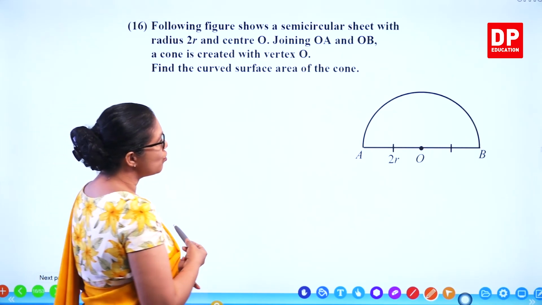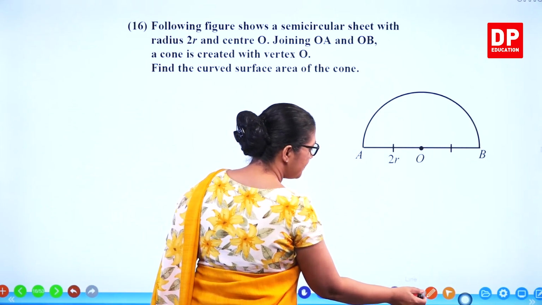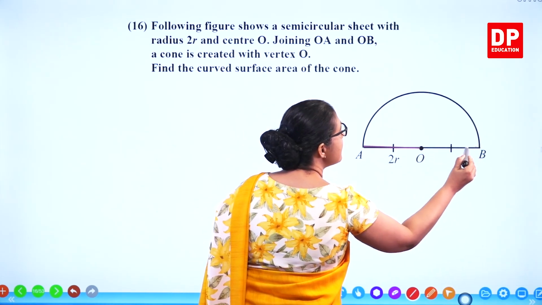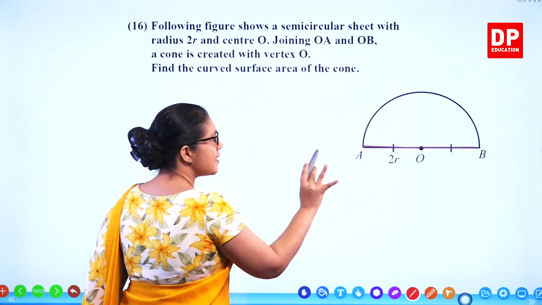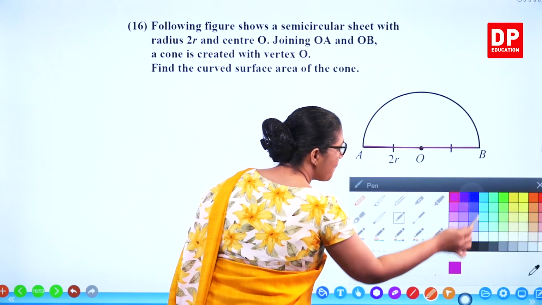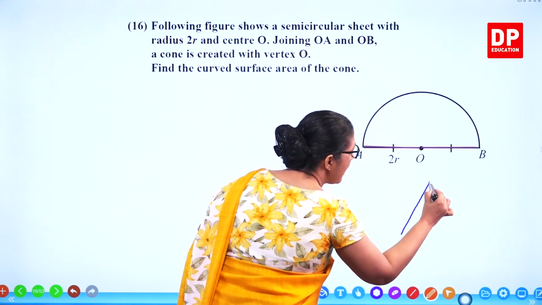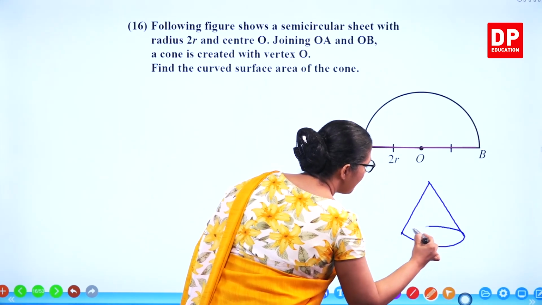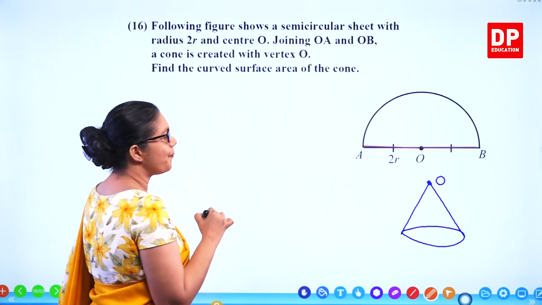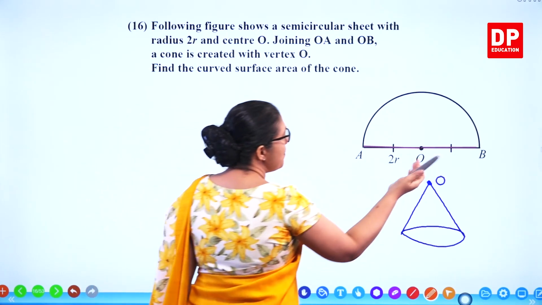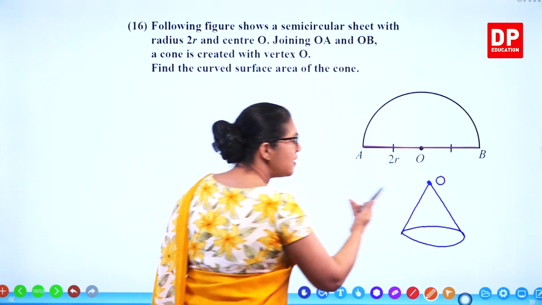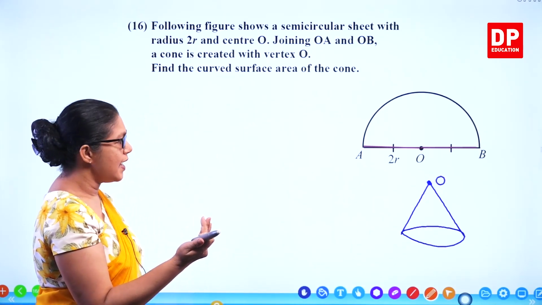So what they are trying to do, this length and this length, when you paste it, you get a cone like this, and this vertex point becomes O. So here this part becomes the curved surface area.